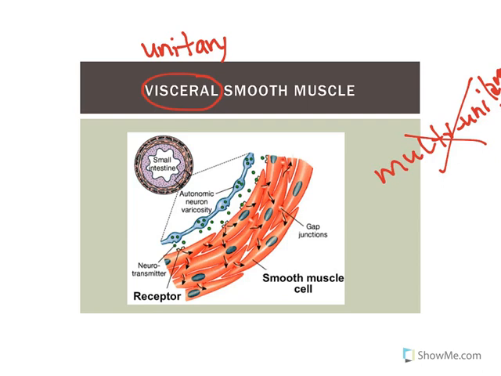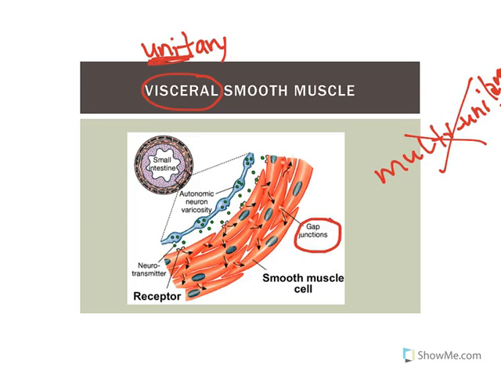The smooth muscle that we have has gap junctions, and the gap junctions allow ions to move from cell to cell very quickly, kind of like what you saw with the intercalated discs in cardiac muscle, which allows this muscle to act as a unit, hence the term unitary. It acts as what is referred to as a functional syncytium. So they can work together.